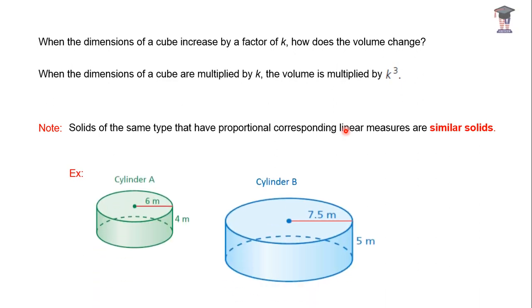Example, these 2 cylinders A and B. If you compare the radius of cylinder A to its height, it is 6/4, and it is equal to 7.5 compared to 5. Using cross multiplication, you will identify that 30 equals 30. It means these 2 cylinders are similar because the ratios of the corresponding pairs of sides are proportional.